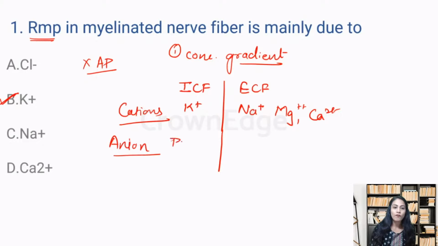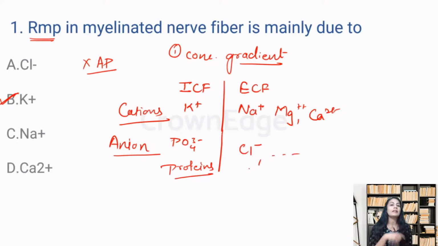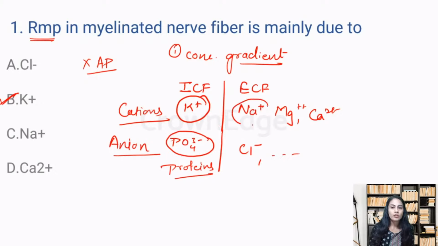The phosphates and the proteins are more in the ICF, and chloride and others are more in the ECF. Mainly remember potassium and phosphate in ICF, and sodium and chloride in ECF. At least remember these four things.